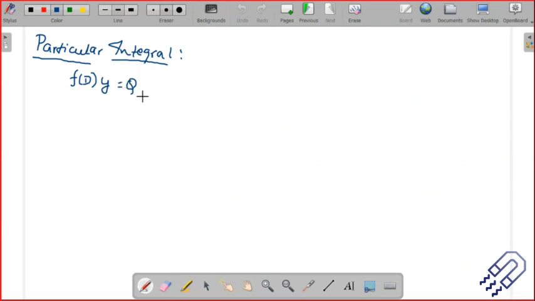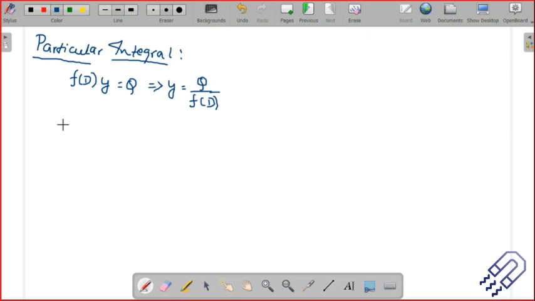So that's why particular integral is important. If it's 0, you don't have any particular integral. But if it is non-zero, there is a particular integral also to that equation. So y will be equal to Q divided by f(D). So this is the form of particular integral that we are going to get.